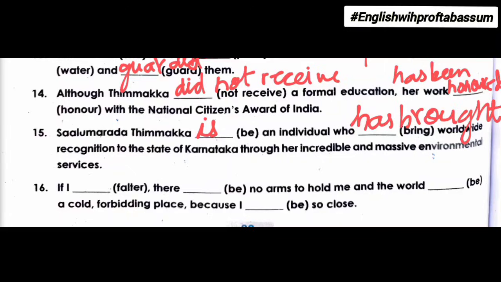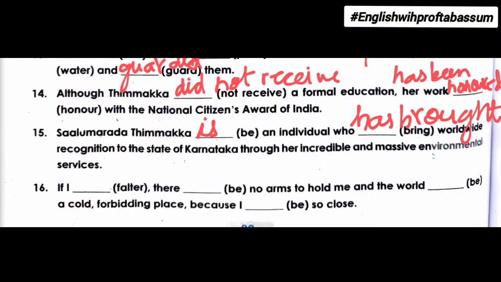Now the second blank. In the bracket the word given is be. For unreal or imaginary situations we use would plus base form of the verb. The clue over here is if I faltered. It means would happen. So be will change to would be. Now the third blank, same as the second blank, another result of an imaginary situation.